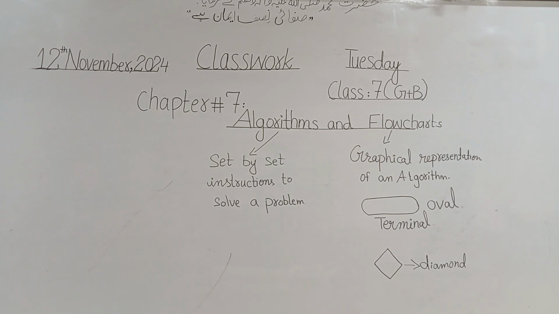Yes, we use the diamond shape to take a decision. When we have to choose from one object or choose the right answer, it means we are applying a condition, and we draw a diamond shape.